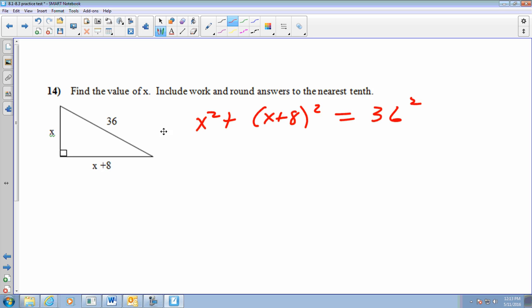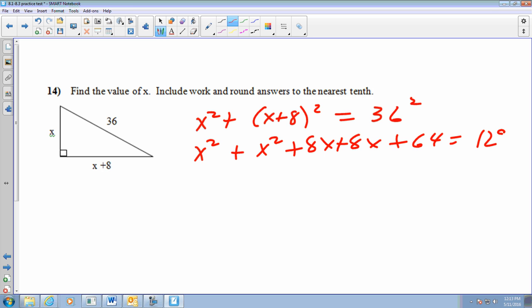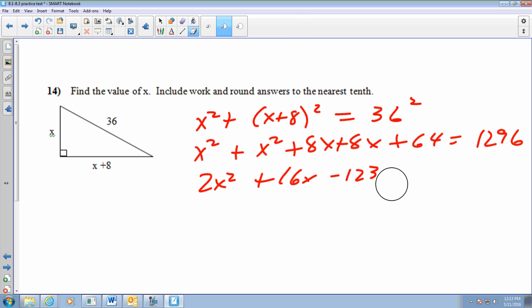If I multiply this out, I get x squared plus 8x plus 8x plus 64 equals 1296. Simplifying, I get 2x squared plus 16x. Moving this to the other side, I get negative 1232, not 3, 1232 equals 0.